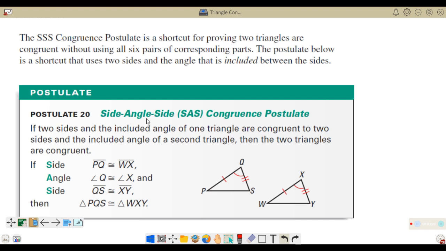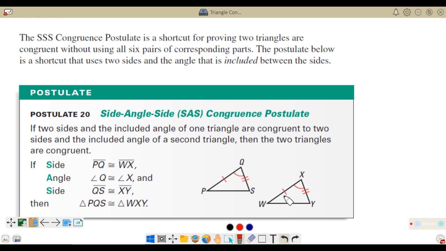So, side, angle, side. Ibig sabihin, yung angle na binuo ng 2 sides that are given to you, yun lang yung pwede mong gamitin. So here, the given sides are PQ and QS. And the included angle, or the angle in between PQ and QS, is angle Q.